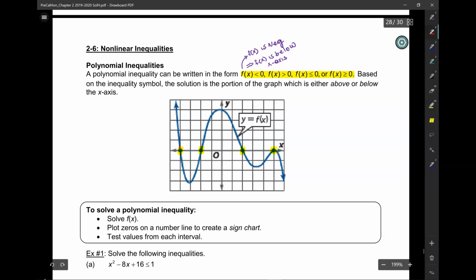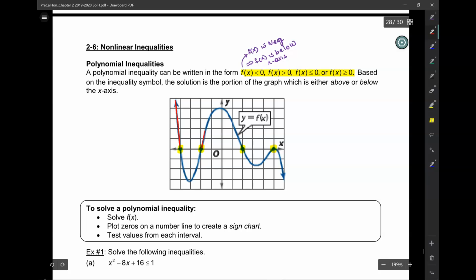The portion here is above the x-axis, right? The portion here is above the x-axis. These are the regions where f of x is greater than 0.